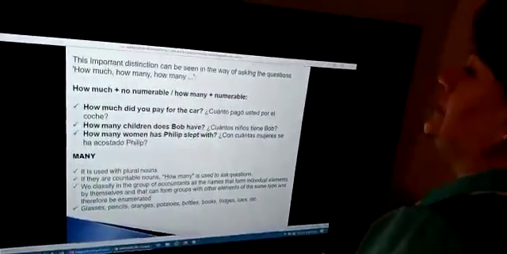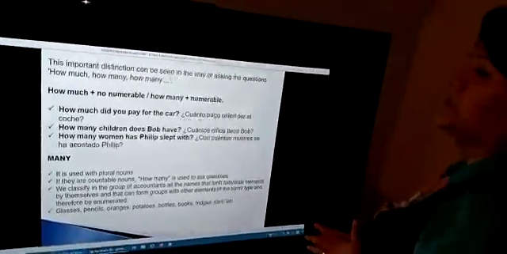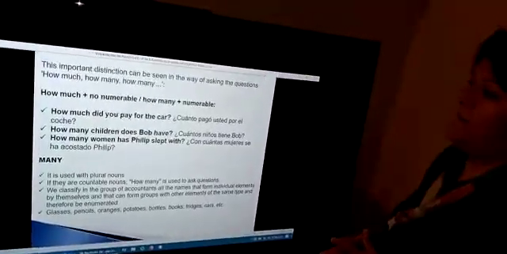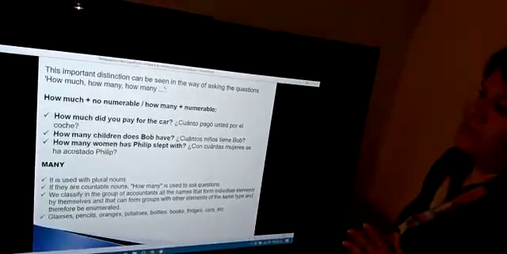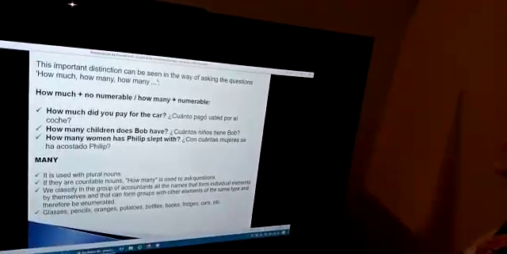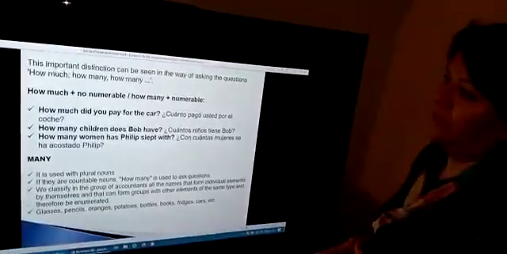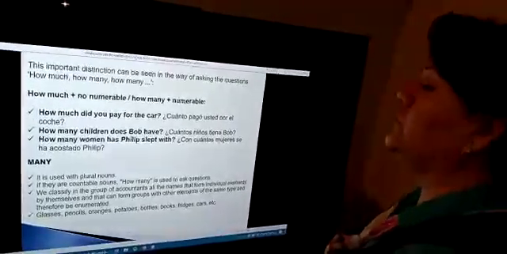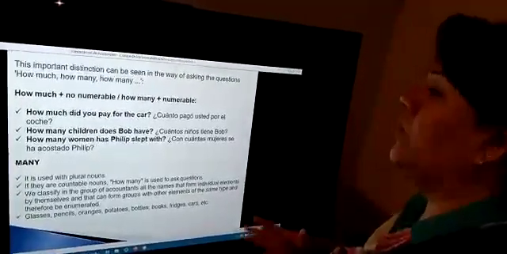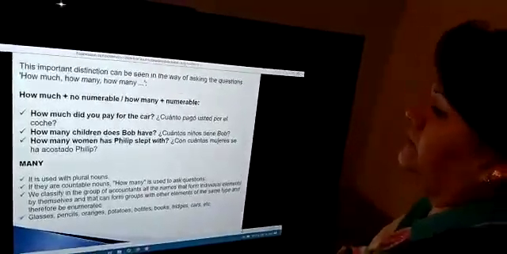This important distinction can be seen in the way of asking the question: how much or how many. Okay? You need to note this right here. How to use it: how much plus uncountable, how many plus countable.